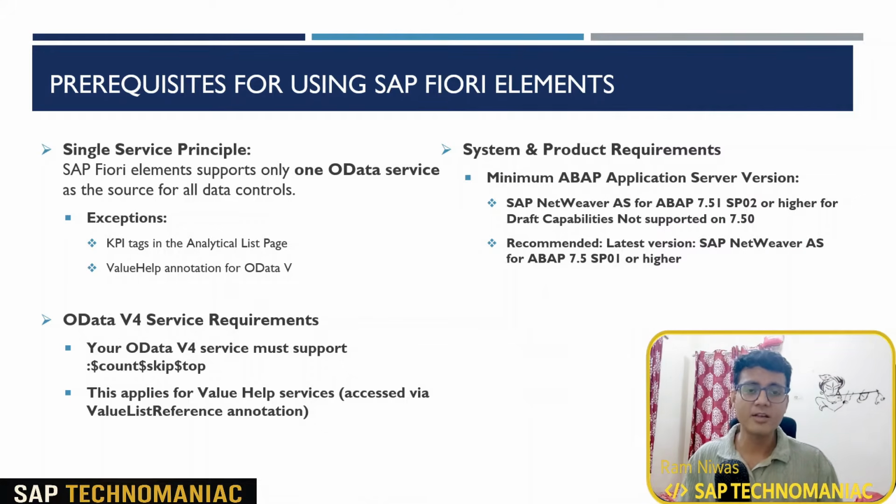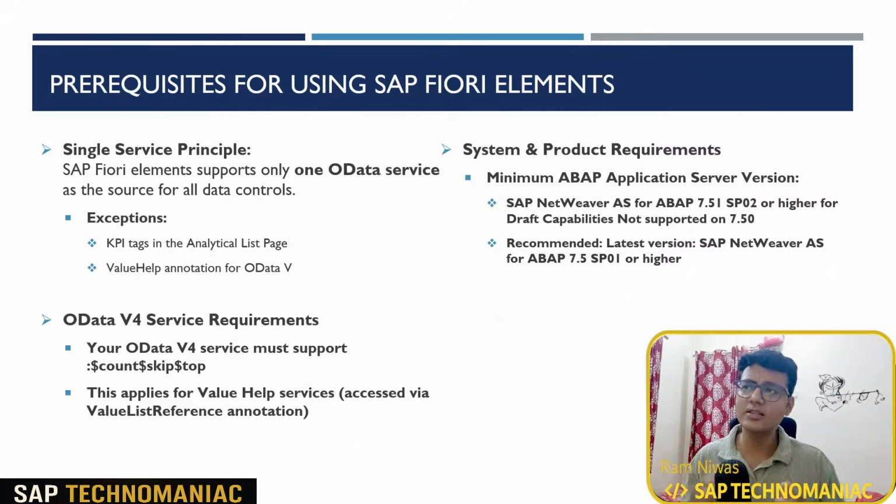Apart from that, you can create the Fiori element on the BTP environment. You can create it in the SAP S/4HANA environment. I'd recommend if you are creating the Fiori element, it should be a 1909 and above S/4HANA environment, and you can create this Fiori element application in the cloud as well.